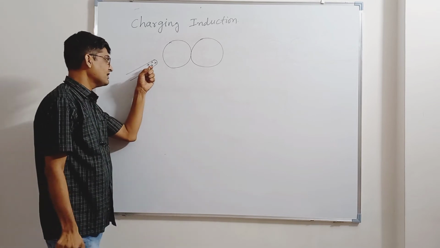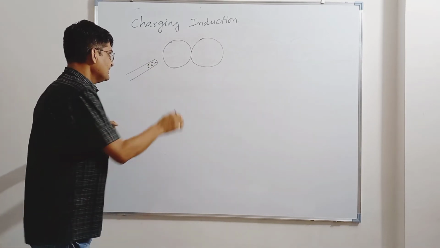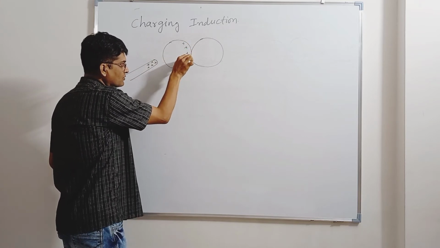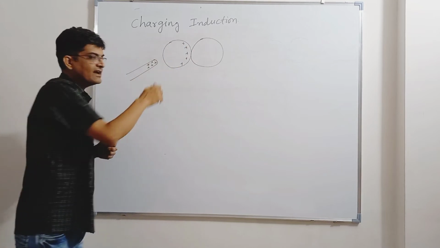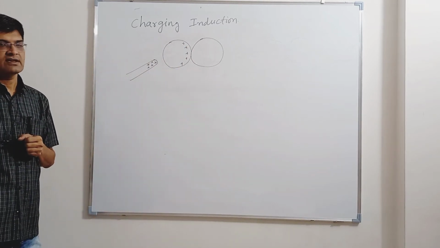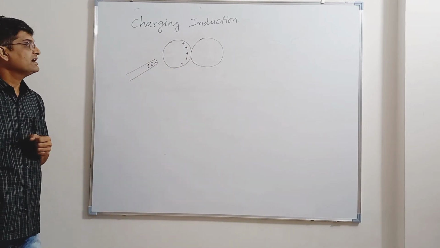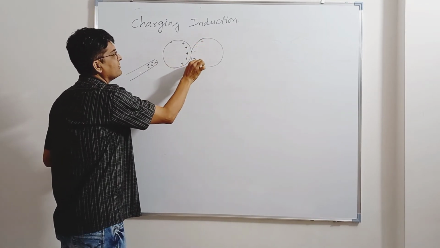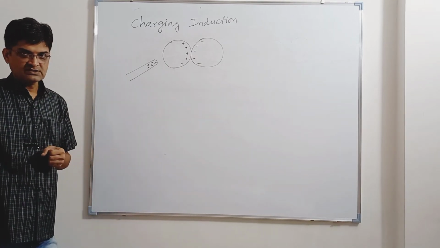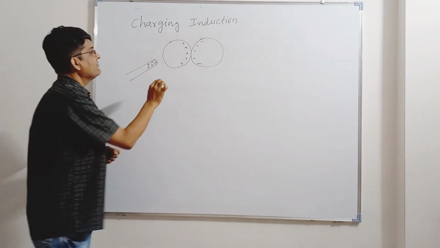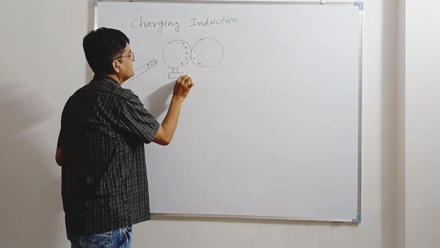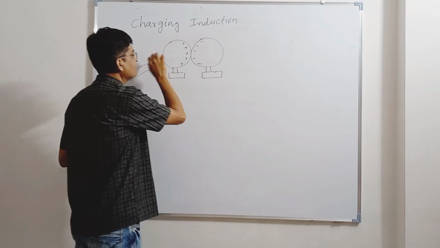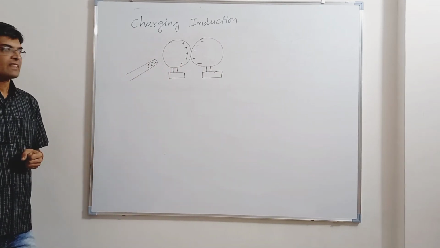As you have a positive charge near it, it is going to repel the positive charge, and so the positive charge is going to accumulate on the other side of the sphere, and at the same time the negative charge is going to be attracted over here because of this situation, right? And we have to assume over here that these are insulated. The stands are insulated, otherwise the charge can get grounded, right?